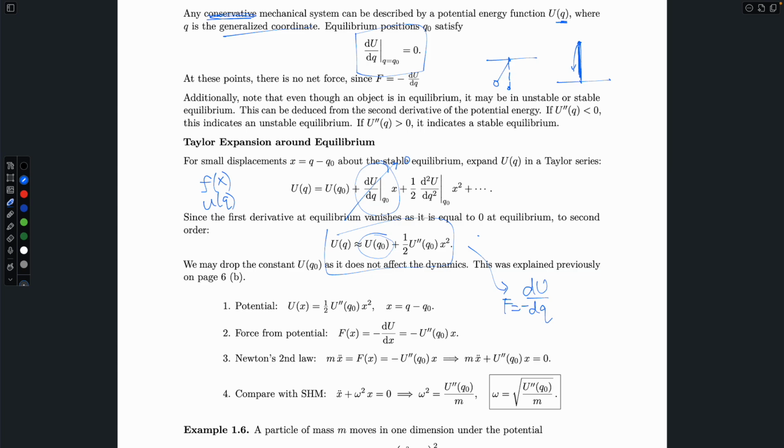Is U(q) minus U(q naught) not equal to U(x)? In general, I don't think so. Because if you think about what you're writing, you're saying that the potential at a general position q is equal to the potential at equilibrium plus the potential of the displacement, but there could be other forms of energy like kinetic energy.